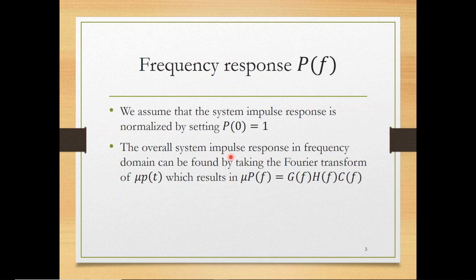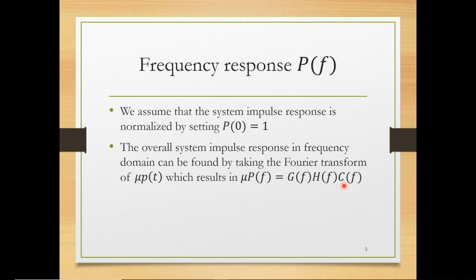The overall system impulse response in the frequency domain can be found by taking the Fourier transform, as I just mentioned. In this case, instead of p of t, you have P of f, which is equal to G of f, the Fourier transform of small g of t, multiplied by H of f, the Fourier transform of small h of t, and C of f, the Fourier transform of small c of t.